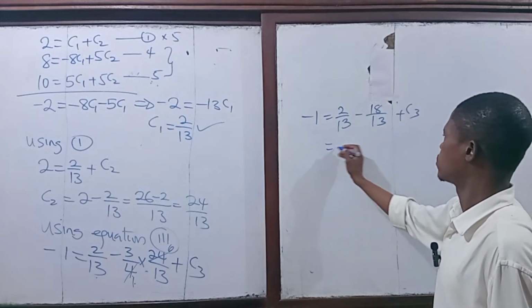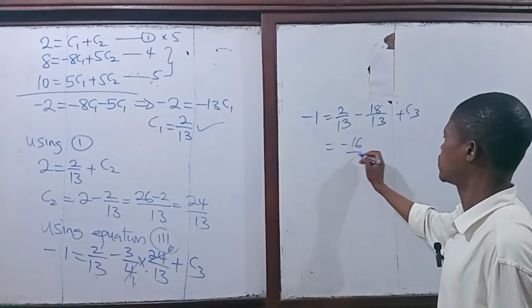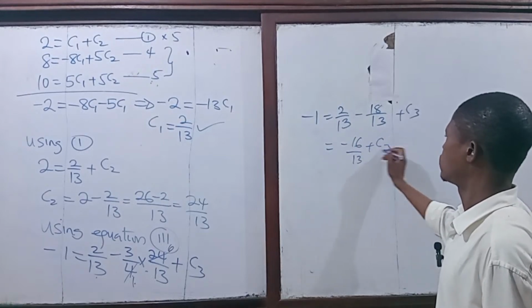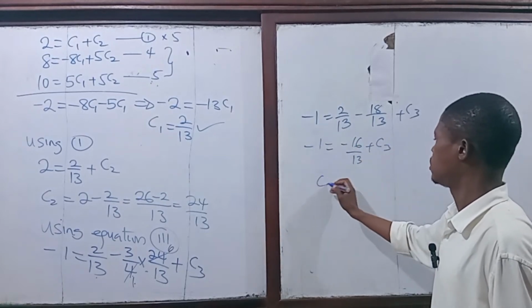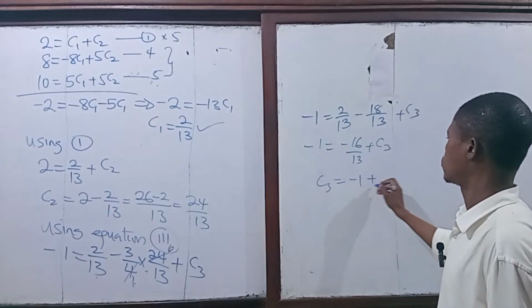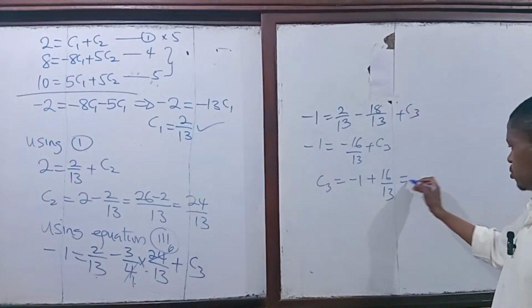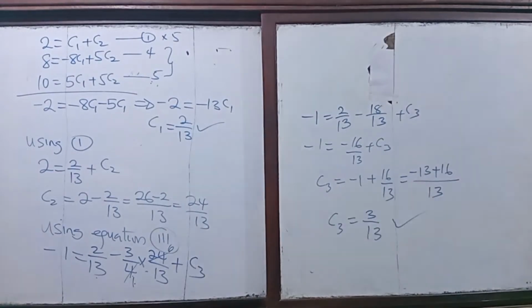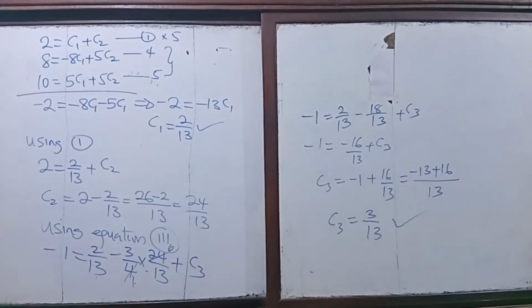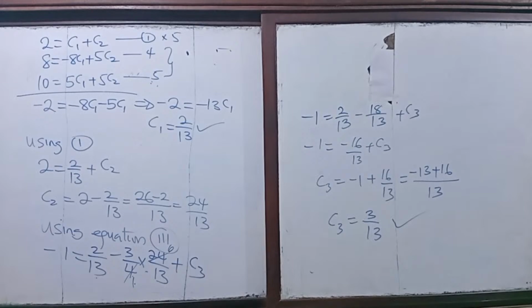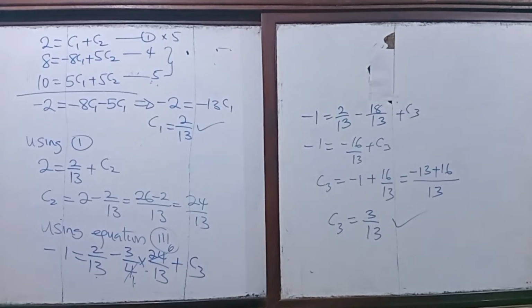That will be minus 16 over 13 plus C3. So C3 is equal to minus 1 plus 16 over 13. So that's that on that question.